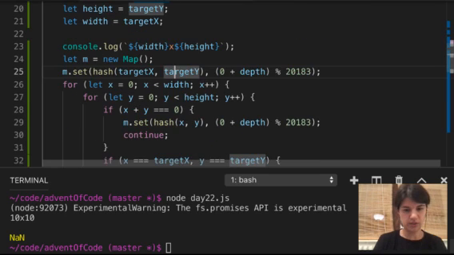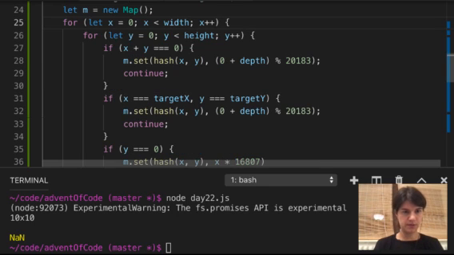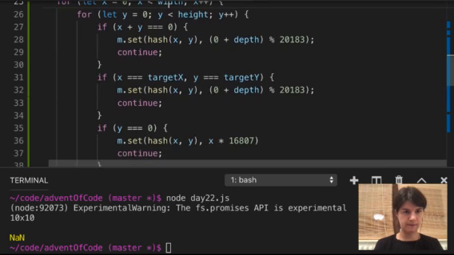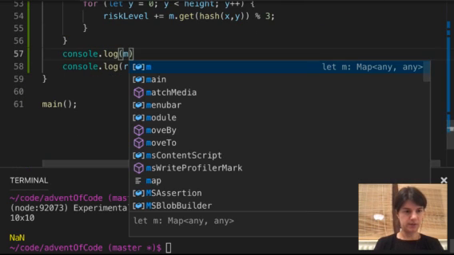So I'm going through here. If the sum of both of them is equal to 0, I know I'm at x comma y equals 0 comma 0. So I'm setting the hash to 0 plus steps times this. These should all be numbers. All right, console log, what's in our map?